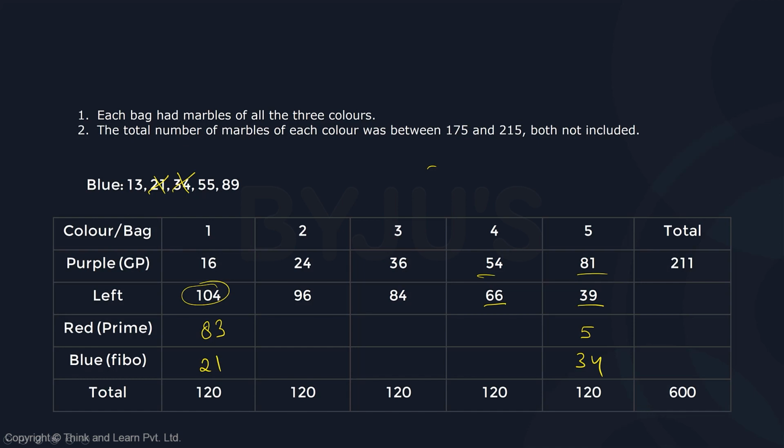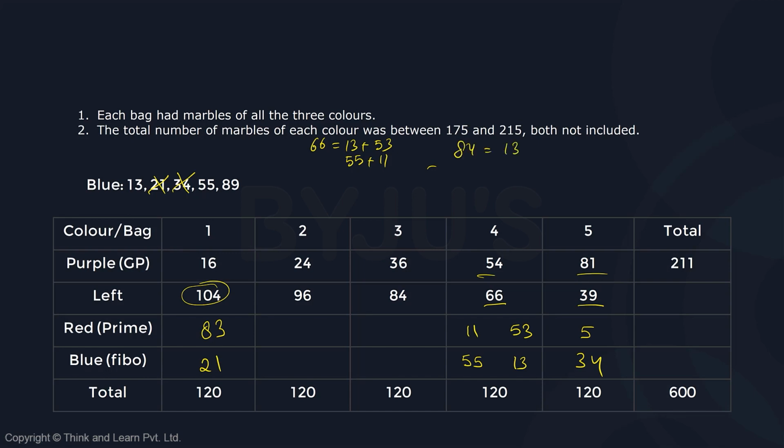Check for 66. If I take 13, I'm left with 53, a prime number. So this is one of the possibilities. If I take 55, leftover is 11, again a prime number. So this is also a possibility. Now 84.